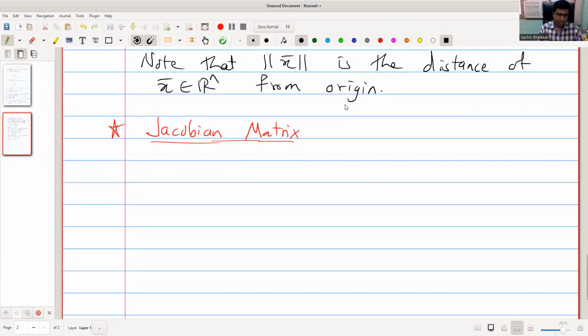Let us see. Consider our f from, say, Rn to Rn. So its values are in Rn. Okay. So let us take n equal to 3.